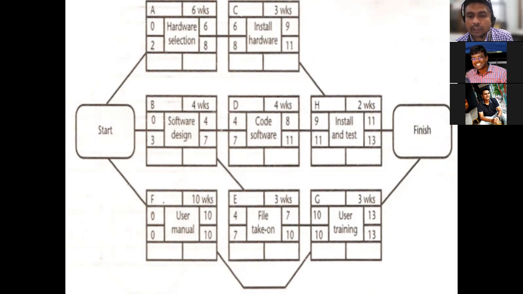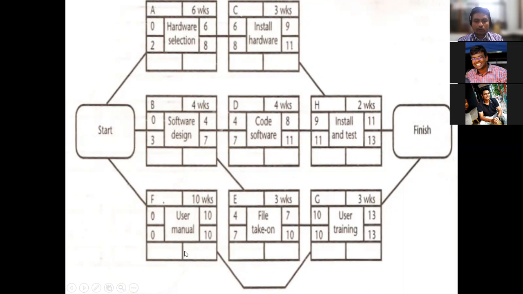How will you check that slack value? Here, latest finish date minus the earliest finish: 13 minus 13 is going to be 0, and 10 minus 10 is also 0, which clearly indicates that there is no slack; the value is 0.